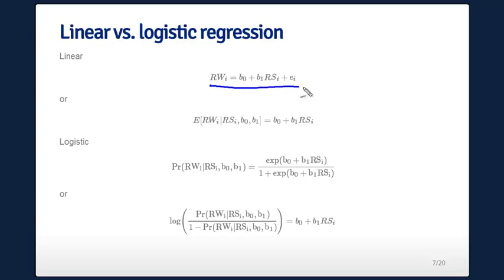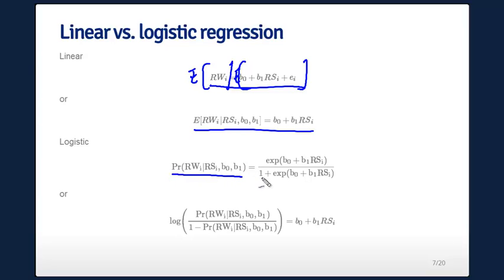So linear regression would do this, right? Directly fit the wins with an additive model, or you could just say the expected value. If we take the expected value of both sides, you get this equation because the expected value of the error would be 0. Logistic regression instead models this.